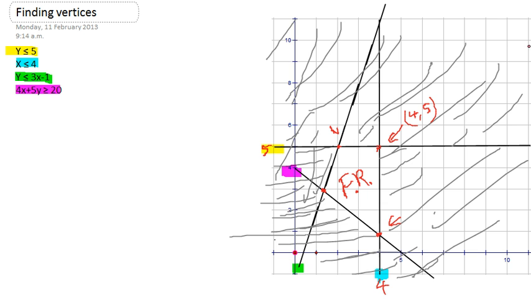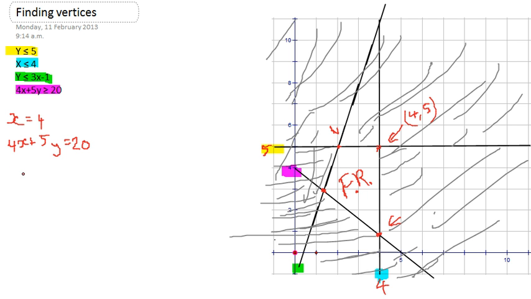So I'm going to do this point first. I can make x equal 4. Now the purple line is 4x plus 5y equals 20. I'm going to use the equals because it makes more sense. No, technically it's a greater than or equal to, but it makes more sense to use an equals because I'm solving for the point on the line.